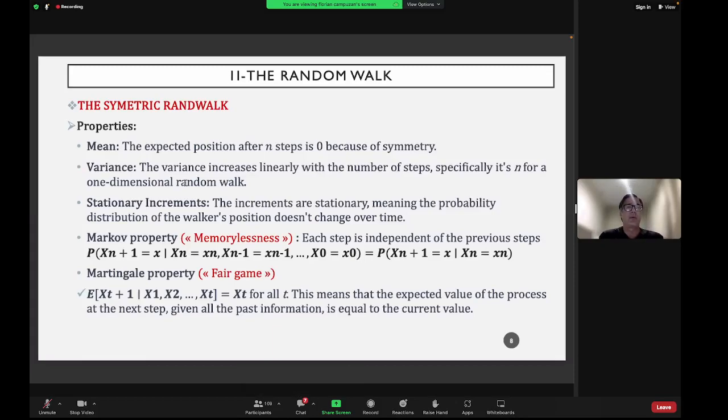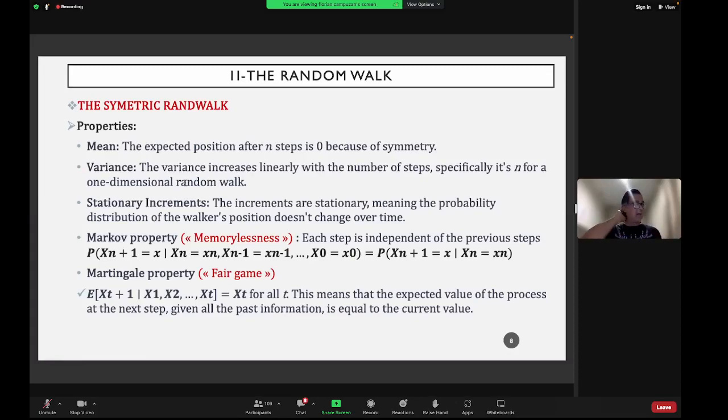So remember that. The variance, which is really important to remember as well, increases linearly with the number of steps, specifically in the one-dimensional random walk. What is a one-dimensional random walk? It means that you follow a line, and you can move around this line, and the variance of your moves is linearly linked with the number of steps you make.